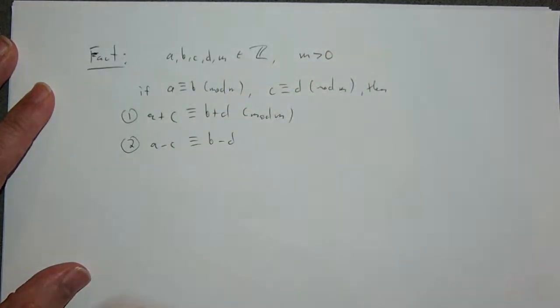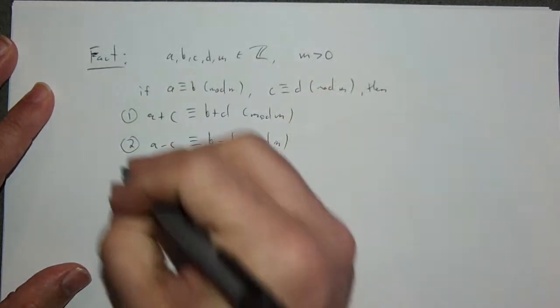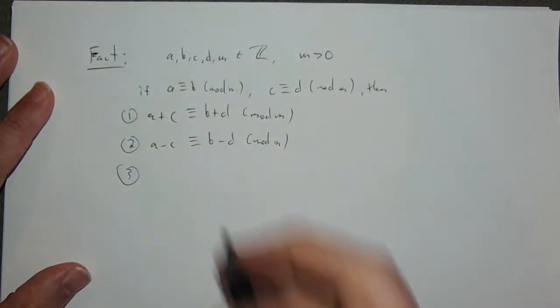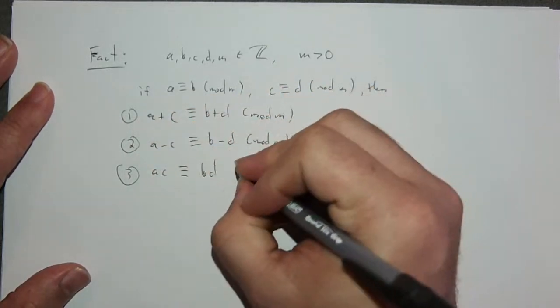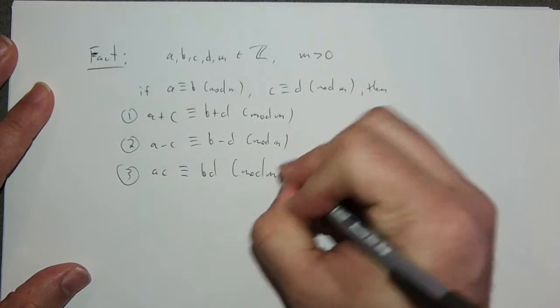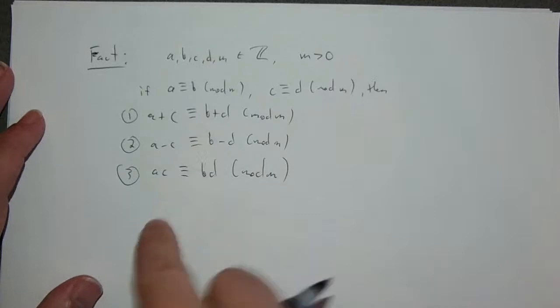So A minus C is congruent to B minus D mod M. And another is A times C is congruent to B times D mod M. Okay. And so this is telling you that dealing with congruences is very similar to how you dealt with equations. It's just that the equality sign is replaced by congruence.